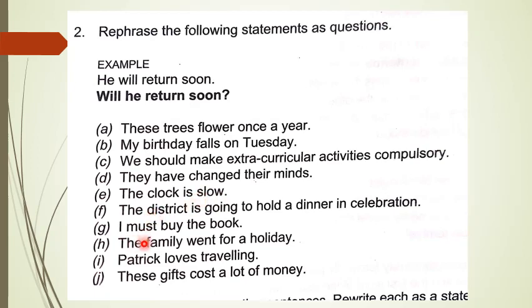Okay, let us do a different type of sentence with a different tense. The sentence number H. The family went for a holiday. Since this sentence is in simple past tense, we know that we use did in simple past tense before the subject to make it a question sentence. So this sentence will become, did the family go for a holiday?